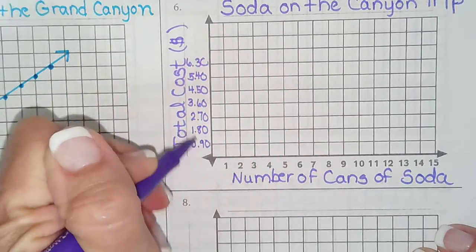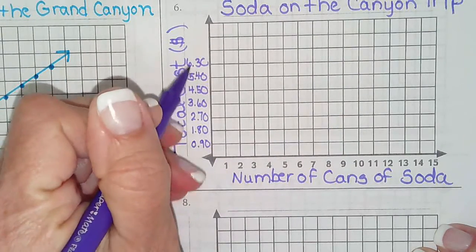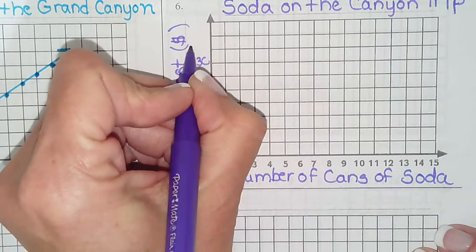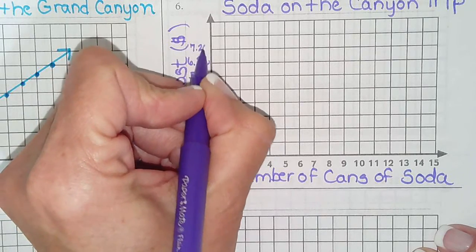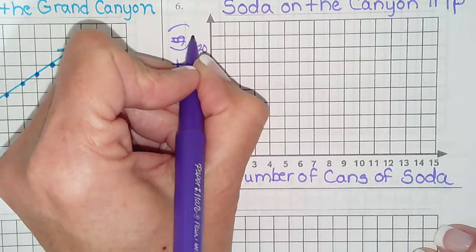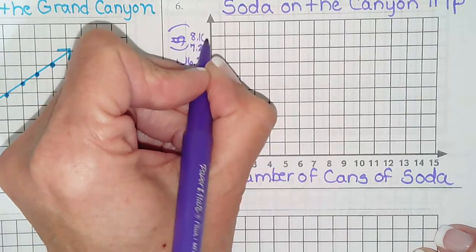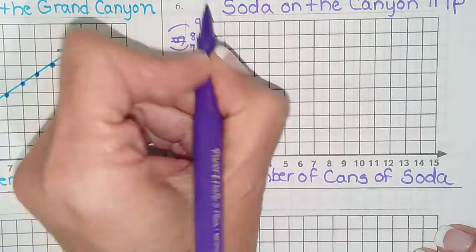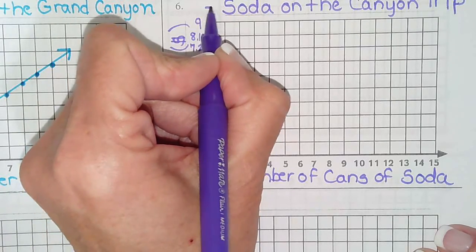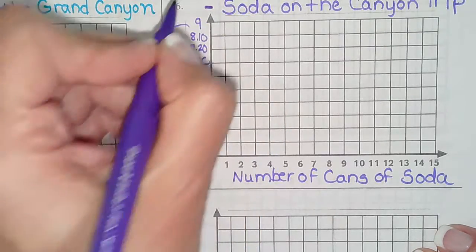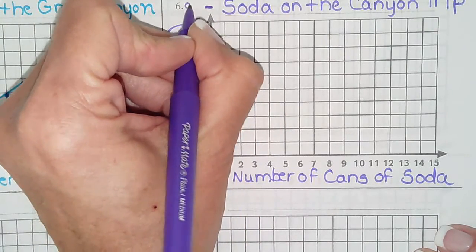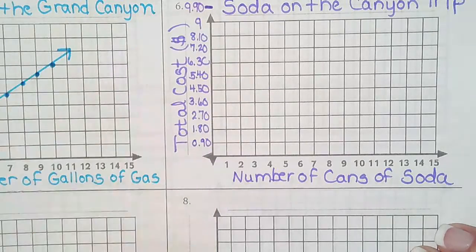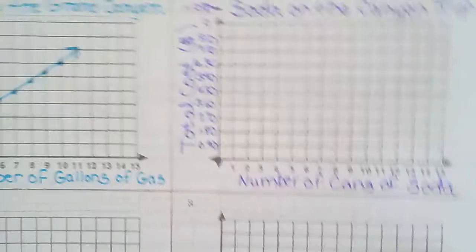So 9 times 1, 2, 3, 4, 5, 6, 7, 8. 9 times 8 is 720. 9 times 9 is 81. $9. And then we just have to add one line. We can get by with that, can't we? And so that'll make it $9.90. That way we don't have to guess and go between lines.